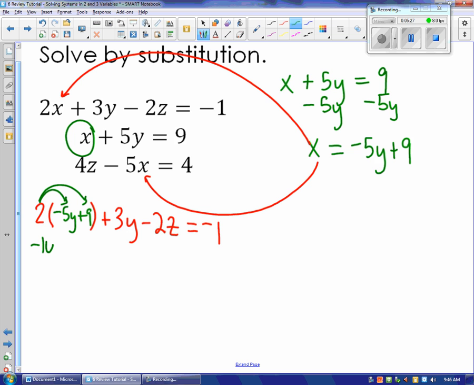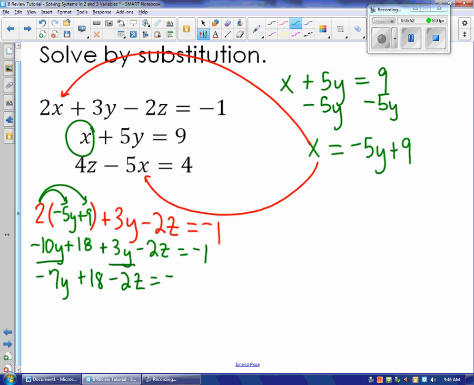That's going to give me negative 10y plus 18 plus 3y minus 2z equals negative 1. And now I'm going to combine my like terms. Again, the negative 10y and the positive 3y are on the same side of the equation, so I don't need to change the sign when I put them together. That's going to leave me with negative 7y plus 18 minus 2z equals negative 1.